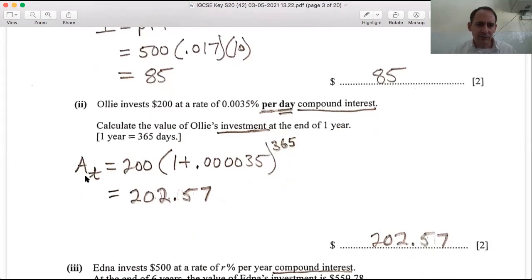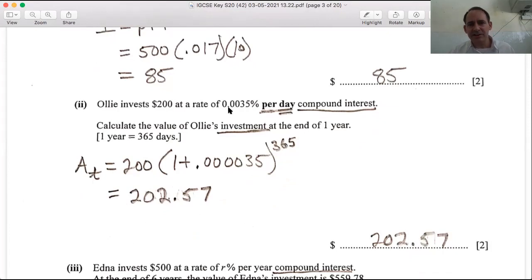So here's our amount after time, that is the final amount, equals the original amount, which is the $200, times parenthesis, here's our 1 for the original 100%, plus the increase in the rate. So notice this percent up here is 0.0035.